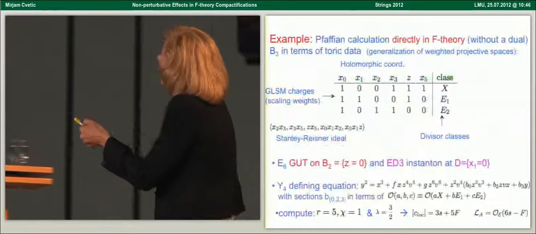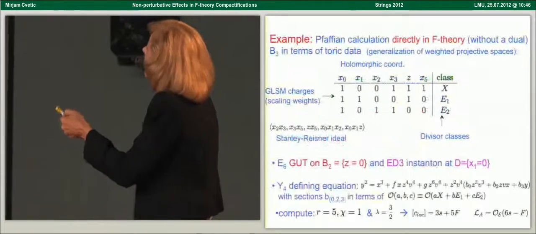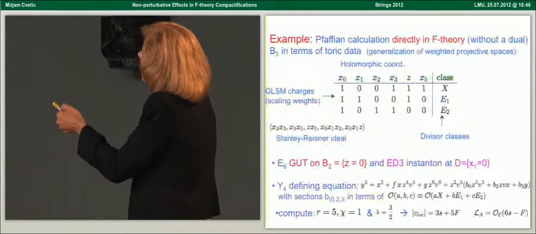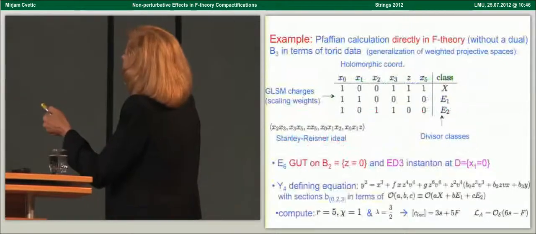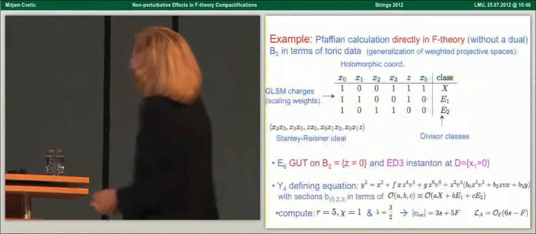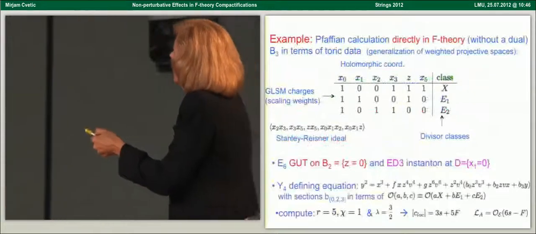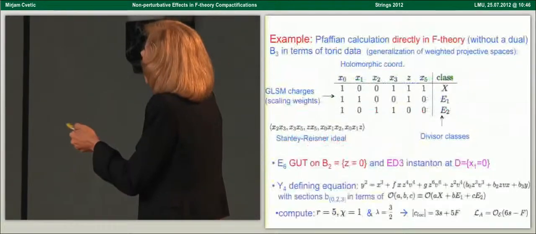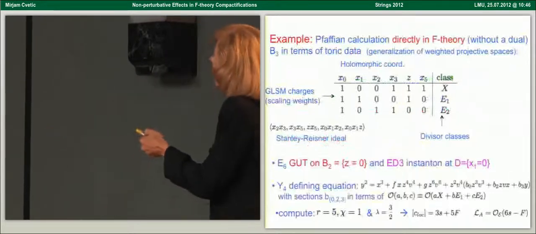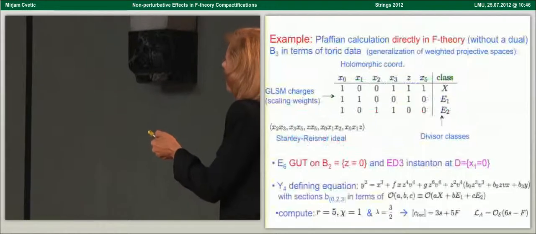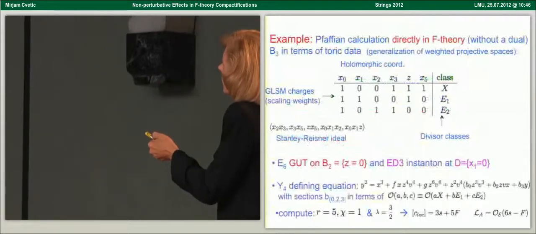It's an example where the GUT divisor is at the Z0 holomorphic coordinate, and the corresponding instanton divisor is at x1 equals 0. We can trace the appearance of the GUT divisors from the Calabi-Yau defining equation, seeing what happens as we go to Z equals 0.